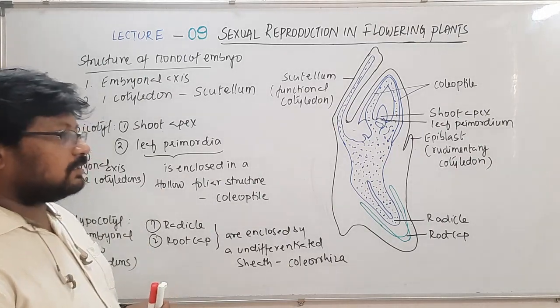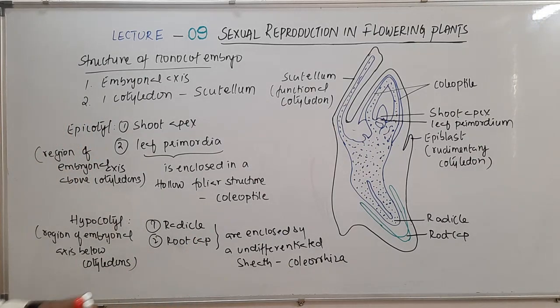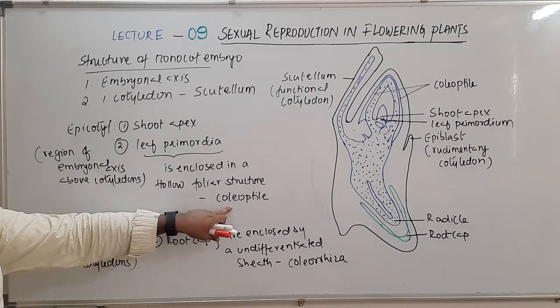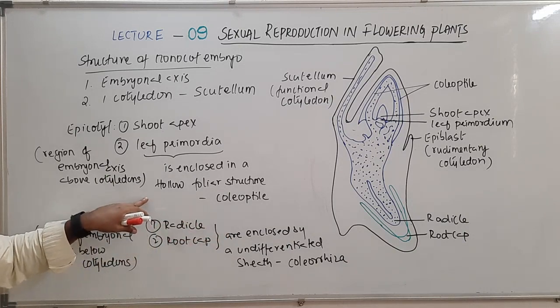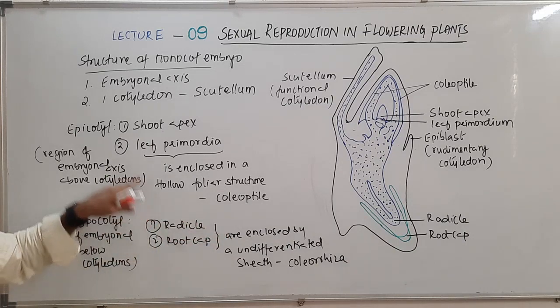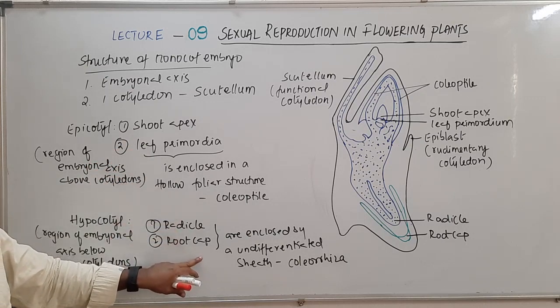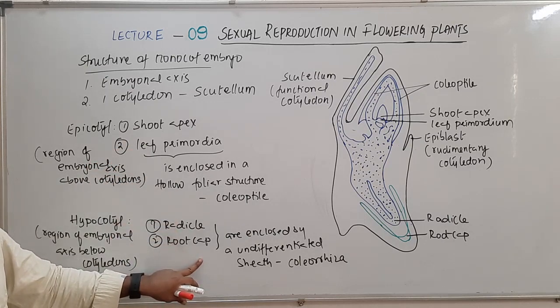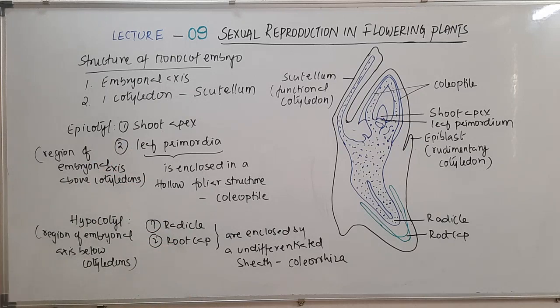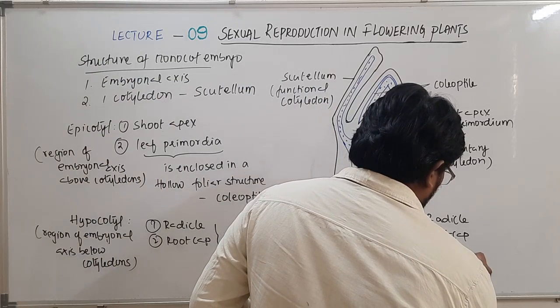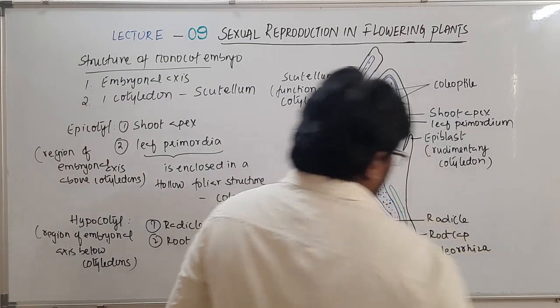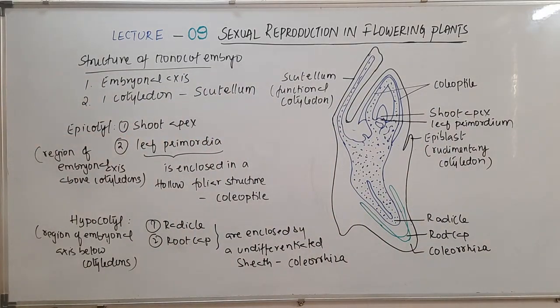Only in the case of the monocot embryo will you find these special structures: the coleoptile, which has a protective function for the shoot apex, and the coleorhiza, which protects the radicle and the root cap.